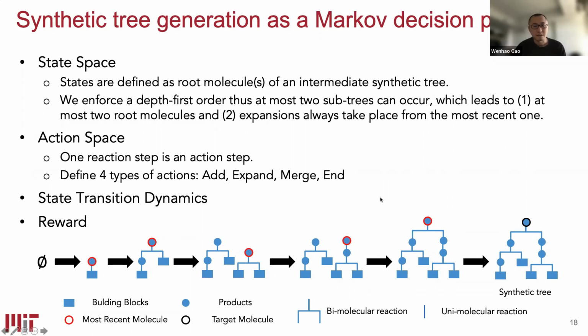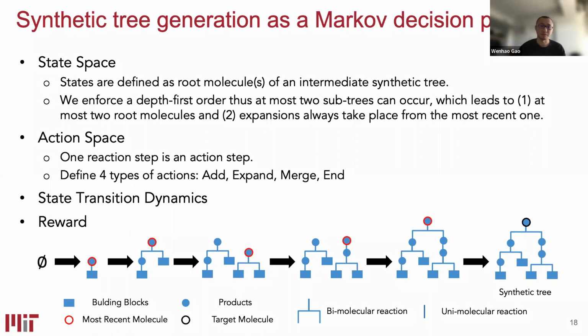We enforce depth-first order for generation, so at most two subtrees can occur simultaneously, which leads to at most two root molecules. The order of expansion always takes place from the most recent one, which introduces an order between the two root molecules.